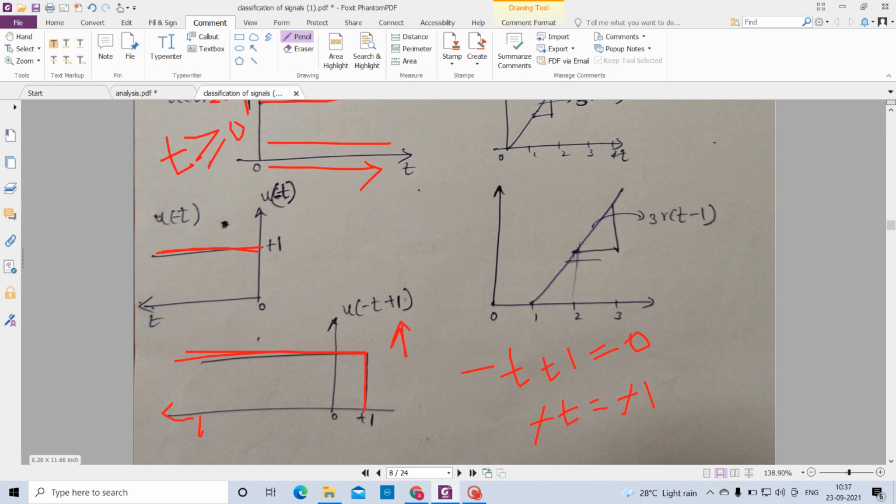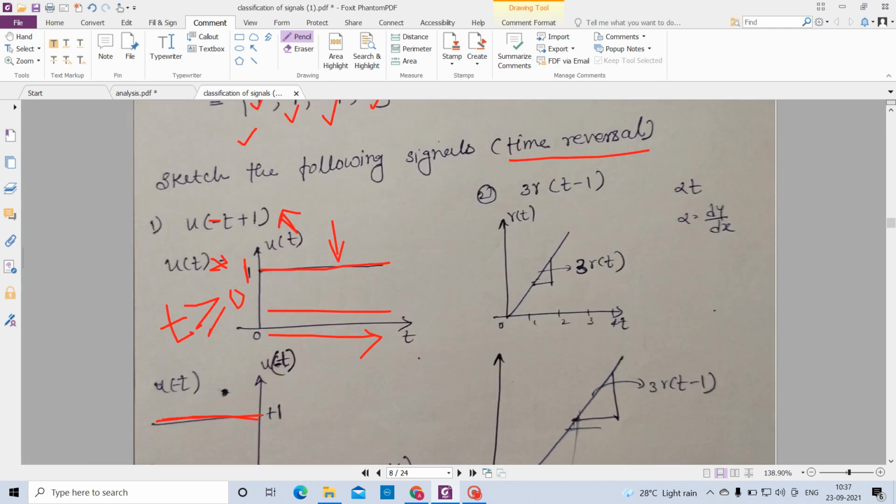Okay, again, this one is the ramp function, you know very well. 3 is the amplitude of the ramp function, or we can also call this alpha, alpha r of t minus 1.